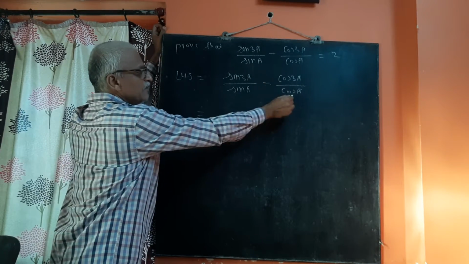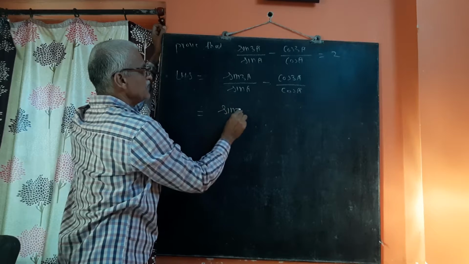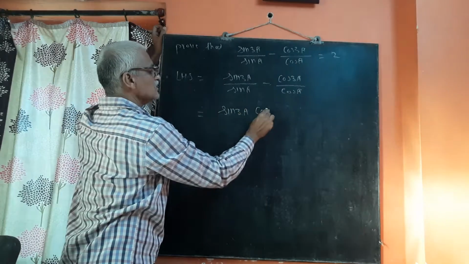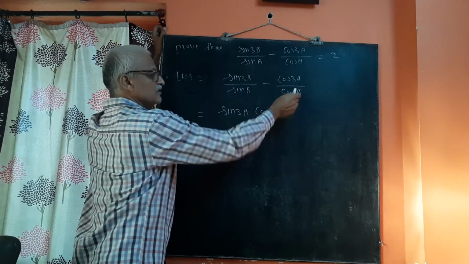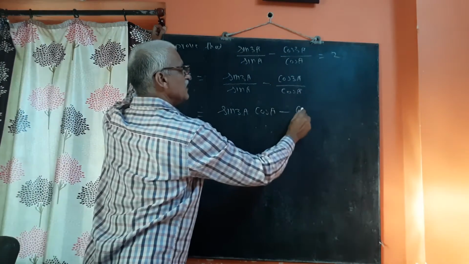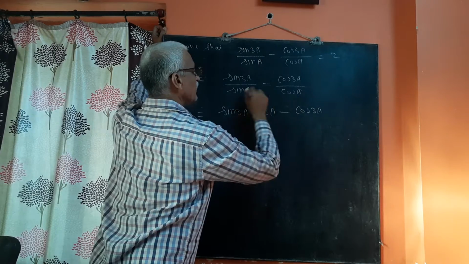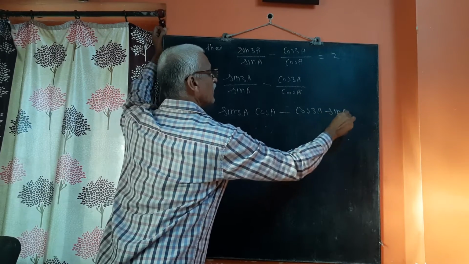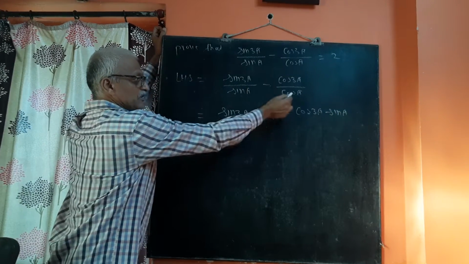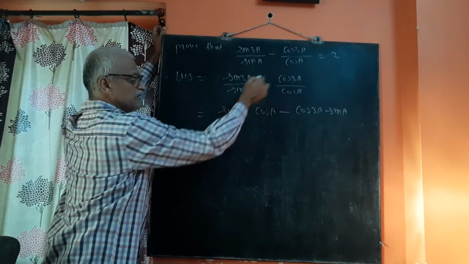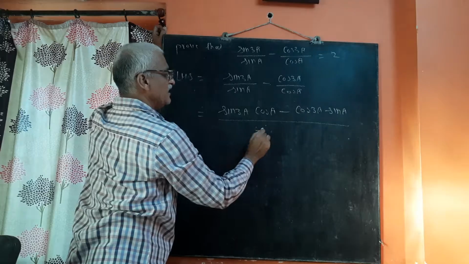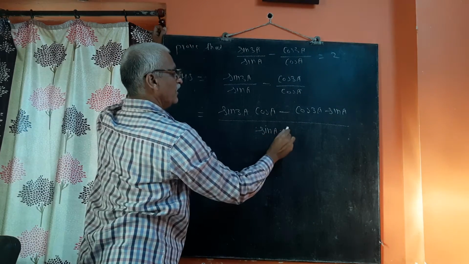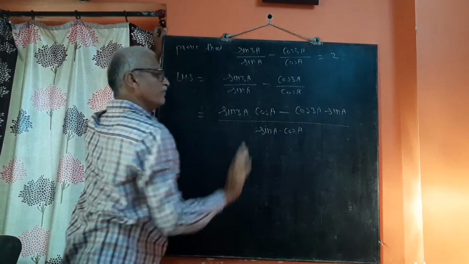Here, by cross multiplication we get sin 3a into cos a minus cos 3a into sin a, divided by sin a into cos a.